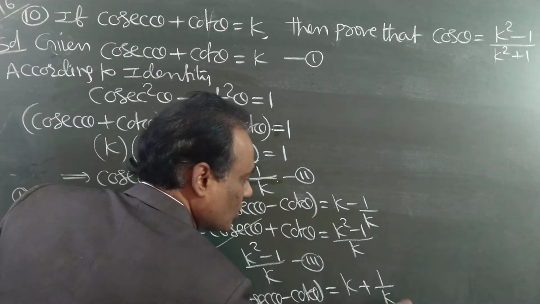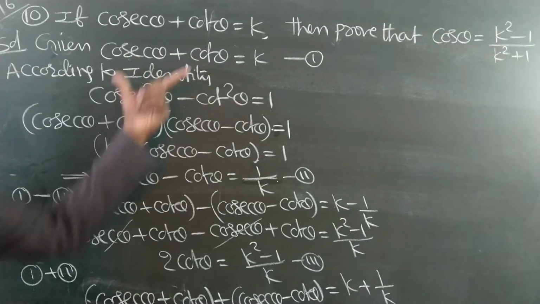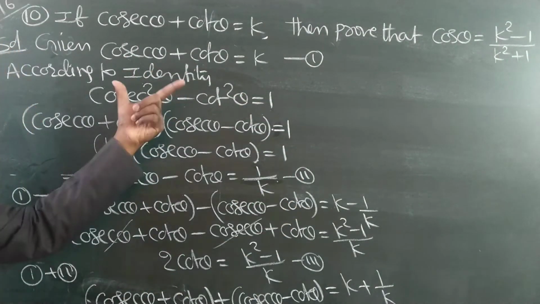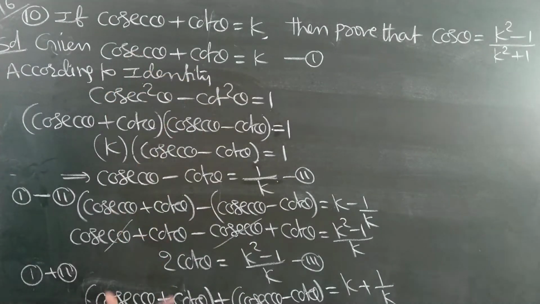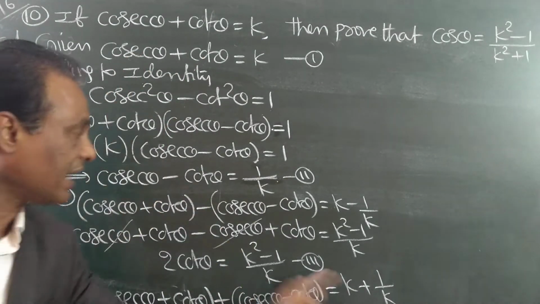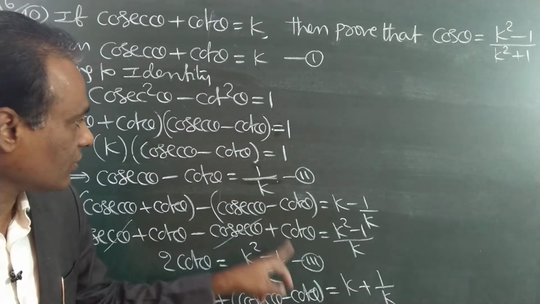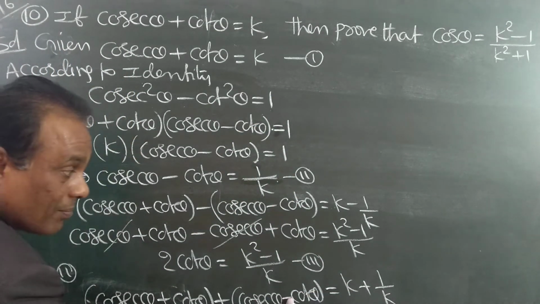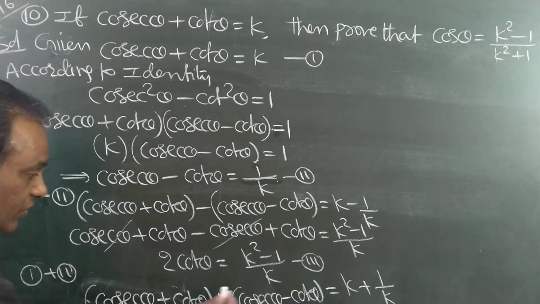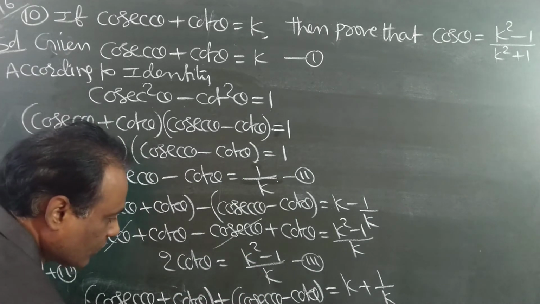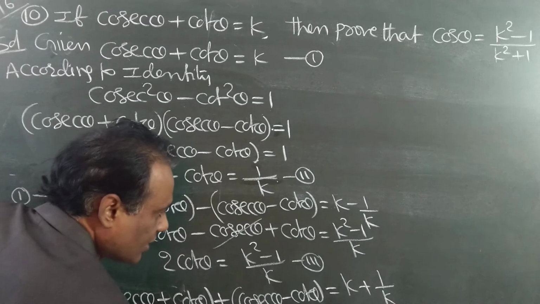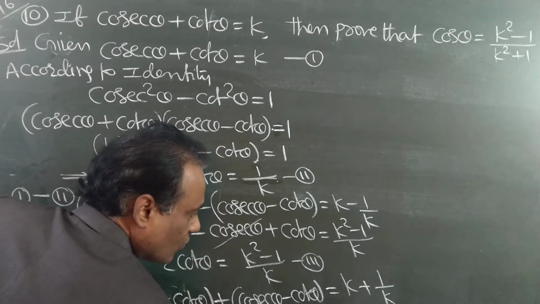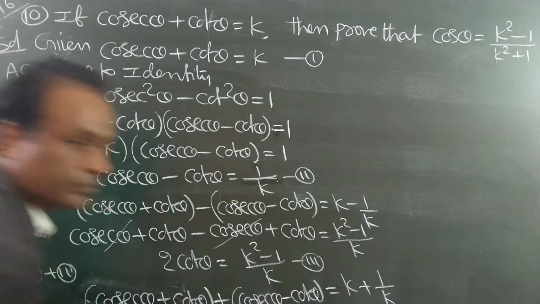Plus cot theta minus cot theta cancel. Cosecant plus cosecant is 2 cosecant theta. So 2 cosecant theta is equal to k, LCM k square plus 1 by k. This is the fourth equation.